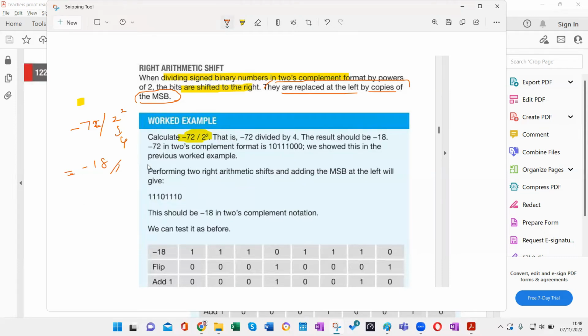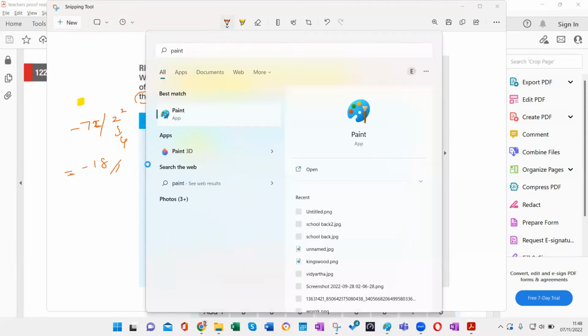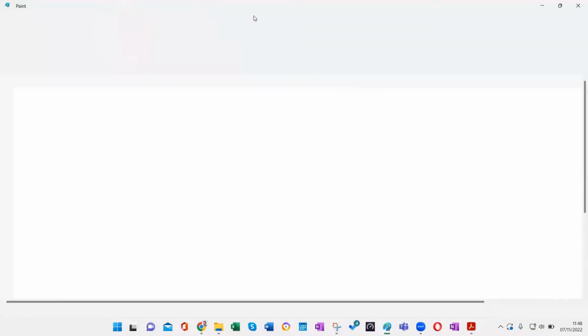Okay, right. Let's do it together, all of us. Right. Again, what is the first thing we had to do? We had to represent minus 72 in 2's complement form. This is right arithmetic shift.